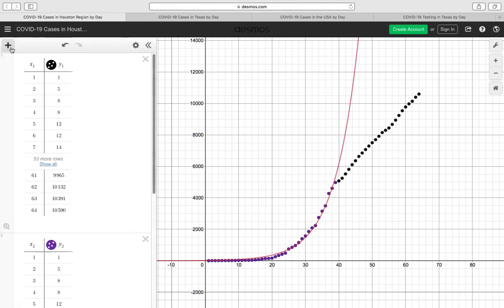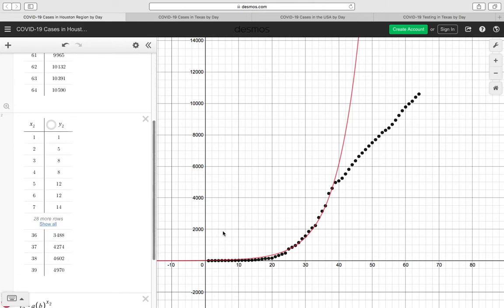I was asked to turn off the purple one. So if you look, this is all the actual data that was gathered from the city of Houston, or the Houston region. And if you notice, it follows very closely to an exact exponential curve all the way until about day 38, 39.